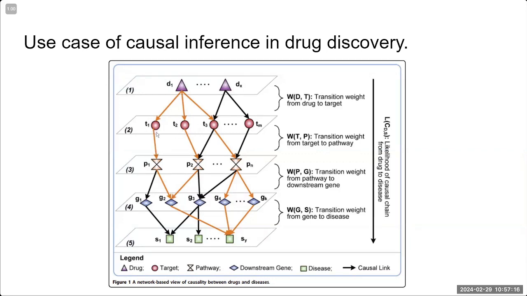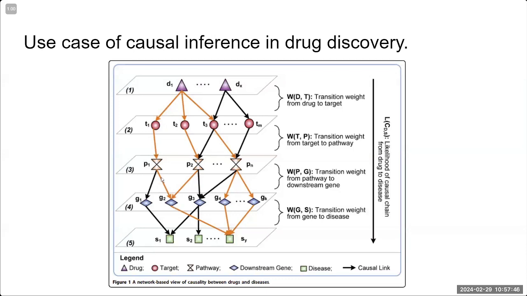We know that target 1 activates pathway P1. We know that pathway P1 activates G2, but we do not know that pathway P1 activates G1. For a certain drug, this is not observed.